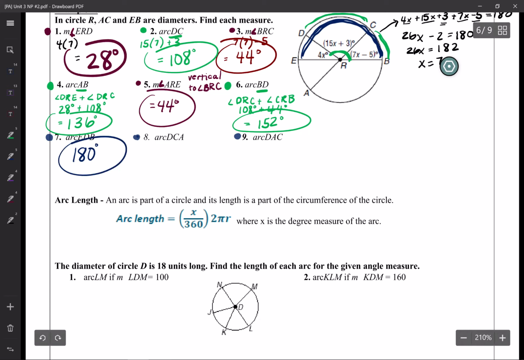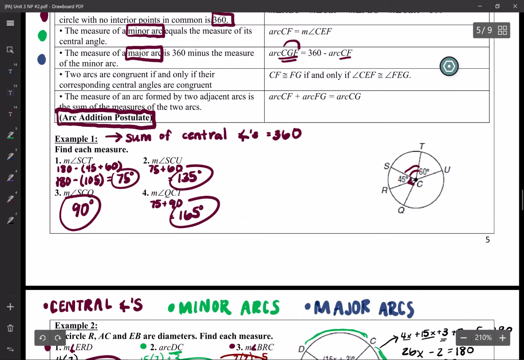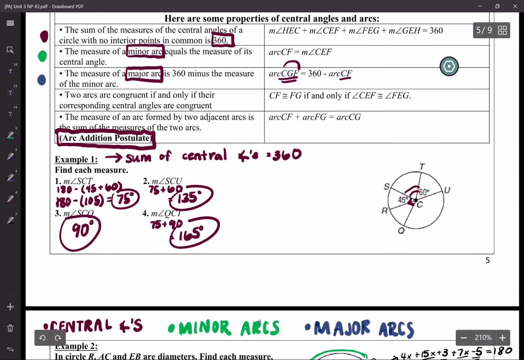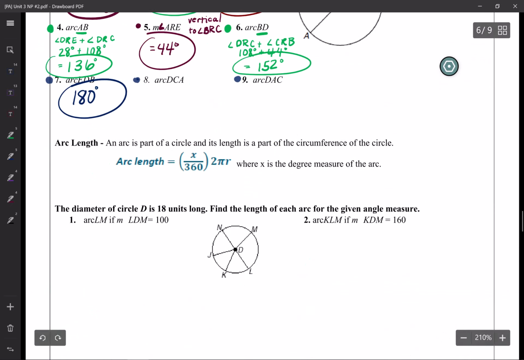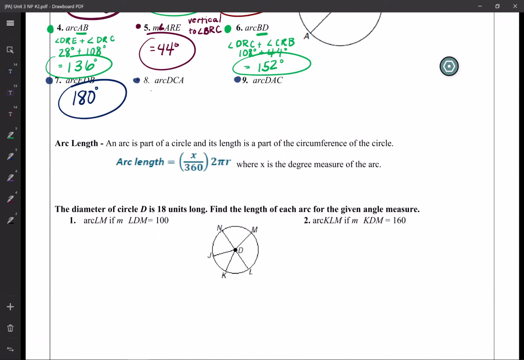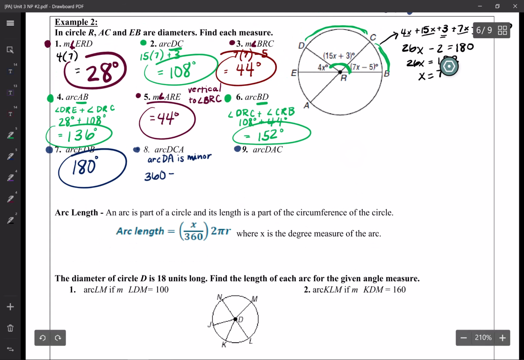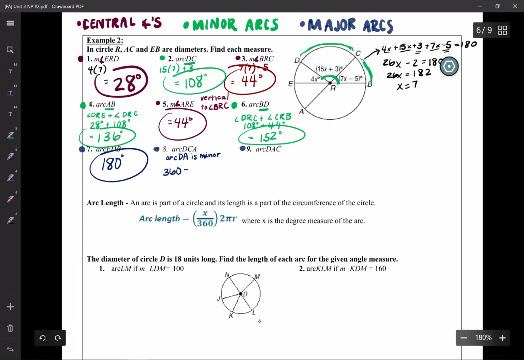Okay. Next, we have arc DCA, right? And if you look back at the notes, it said that a major arc is 360 minus the measure of the minor arc. So arc DA is the minor arc. So I would just do 360 minus, where's DA? Arc DA, that's over here, right?